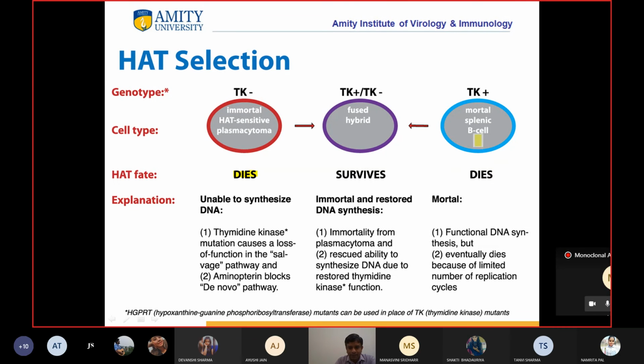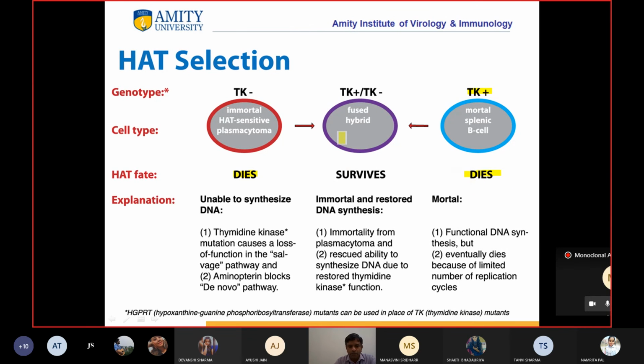Now, this B cell, the normal B cell, has the thymidine kinase gene, it has the thymidine kinase enzyme. But it has to die because it has a specific time of survival. So after some time, the B cell will also die.